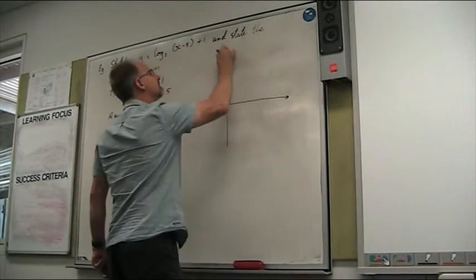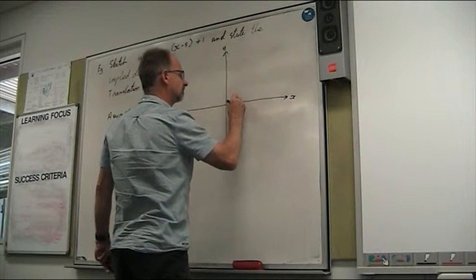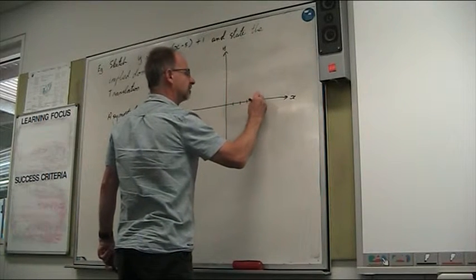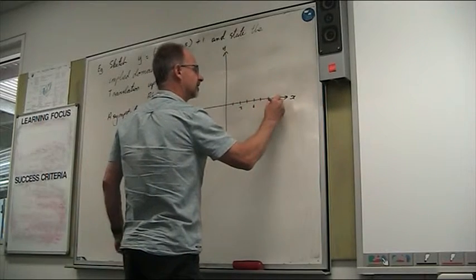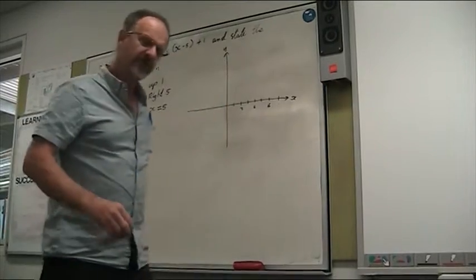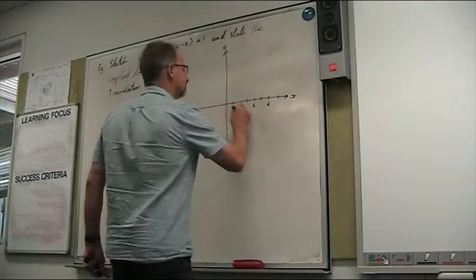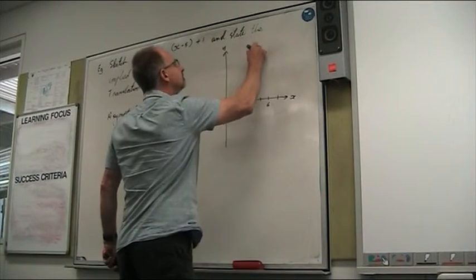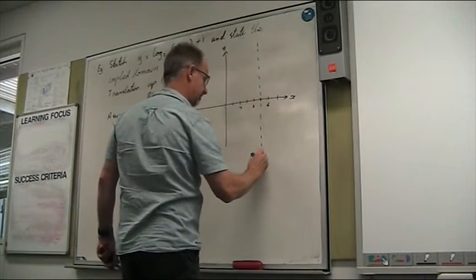Got something like this. Right, so we have a vertical asymptote here, x equals 5.